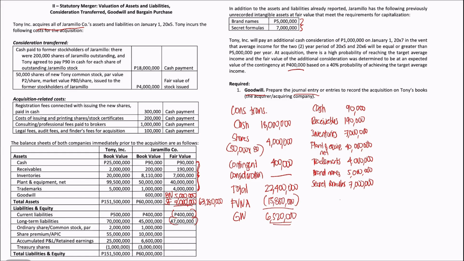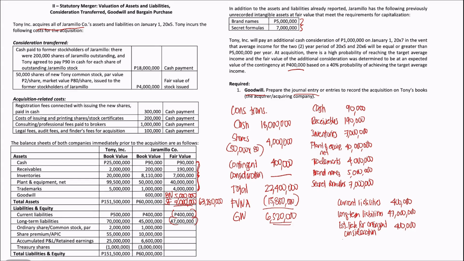The liabilities assumed are current liabilities, 400,000, long-term liabilities, 47 million, and estimated liability for contingent consideration, 400,000.